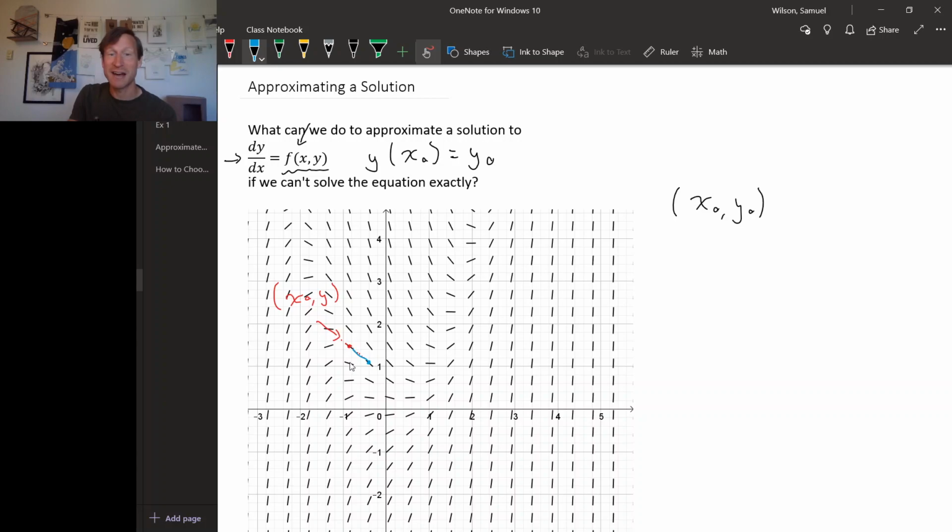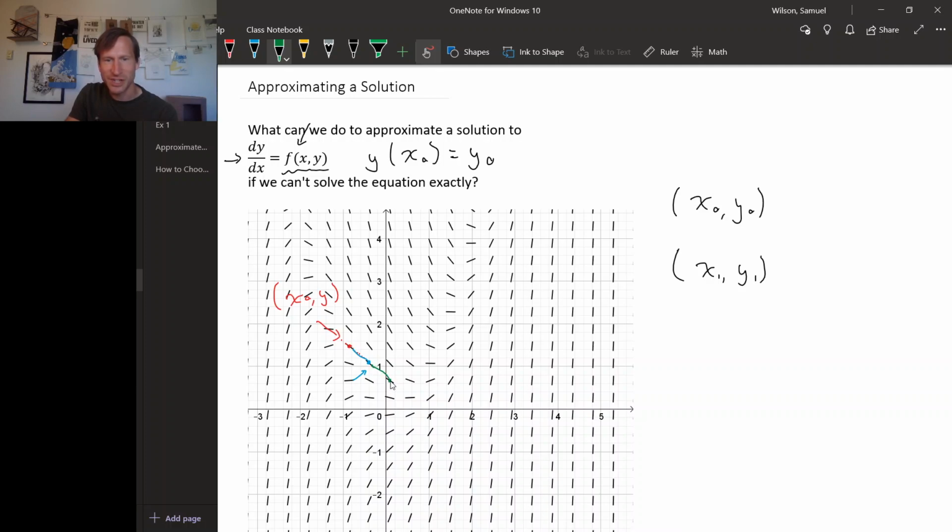Now, one thing we're going to have to decide is how long is a while, and we'll talk about that in a second. But once we've followed this tangent line for a while, you see we end up on a new little tick mark. So we could call this new point x1, y1. And then since we're on a new little tick mark, we could follow this little tangent line for a while.